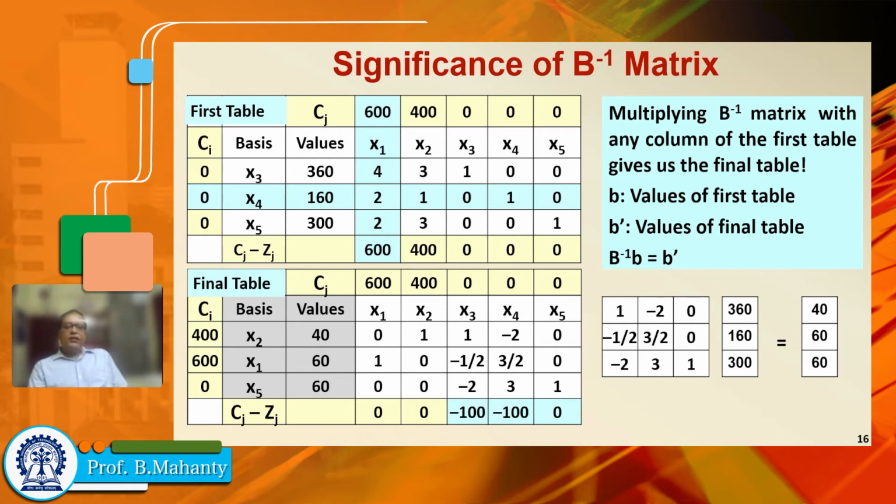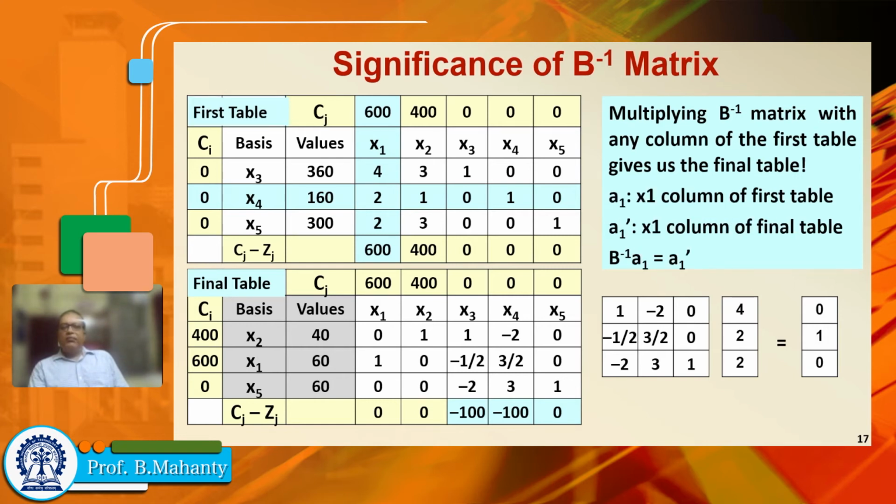With that knowledge, you can obtain the B matrix and invert it to get the B inverse matrix. Then you can multiply every column of the first table and create the final table. Is it all right? So this is the significance of the B inverse matrix. Applying the B inverse matrix to any column of the first table gives us the final table column. That is also true.